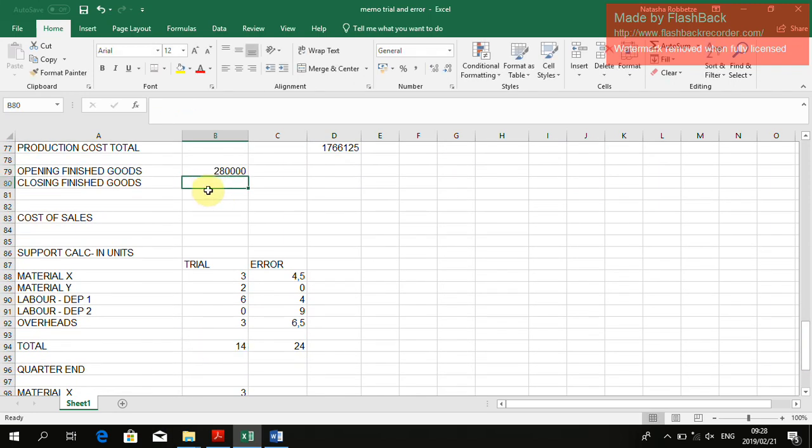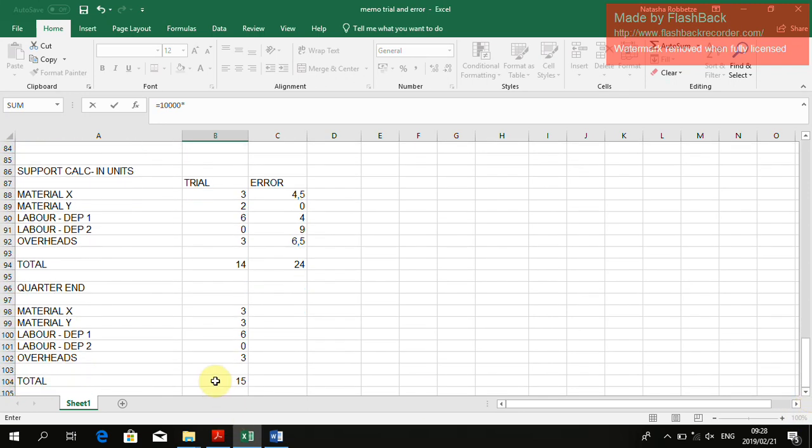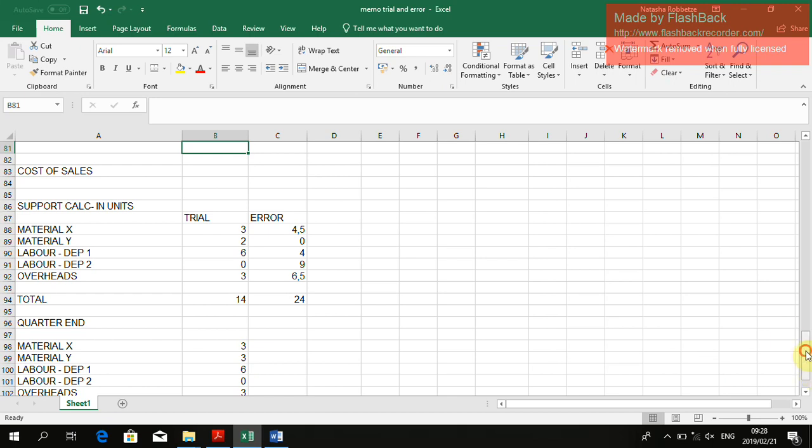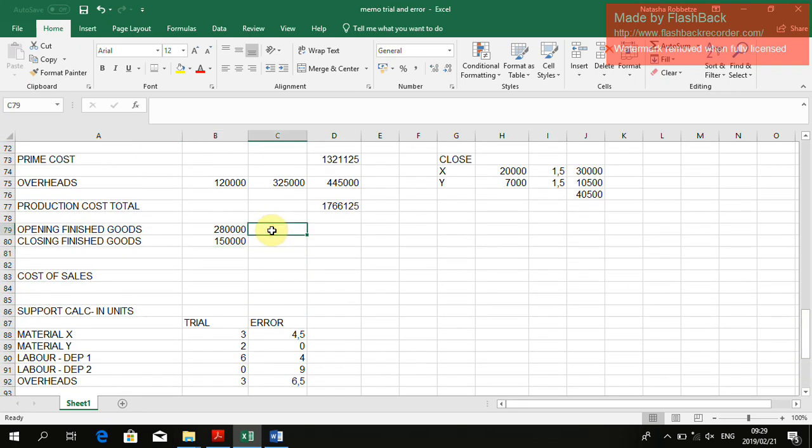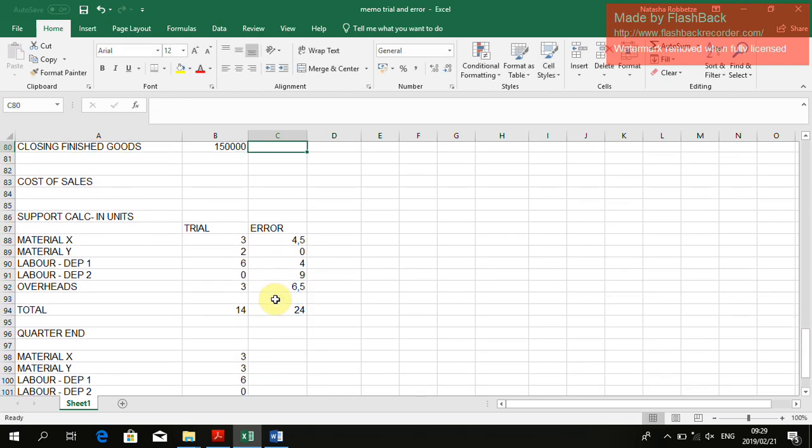For the finished, we have 10,000 units. And we need to times that now by the closing value, which will be 15 Rand rather. For error, we have 10,000 units at the beginning, and we times that by the price of 24 Rand.